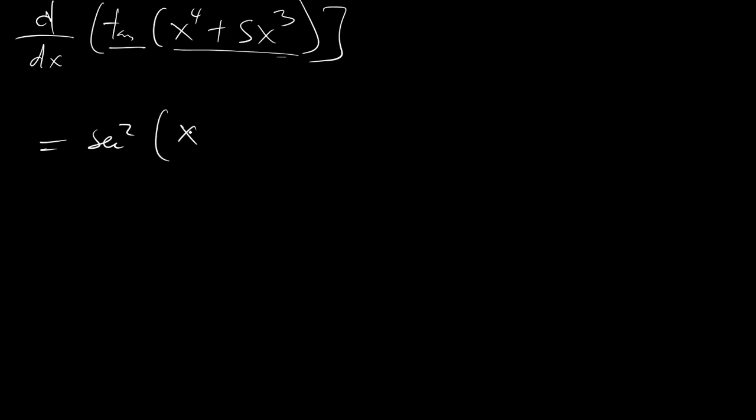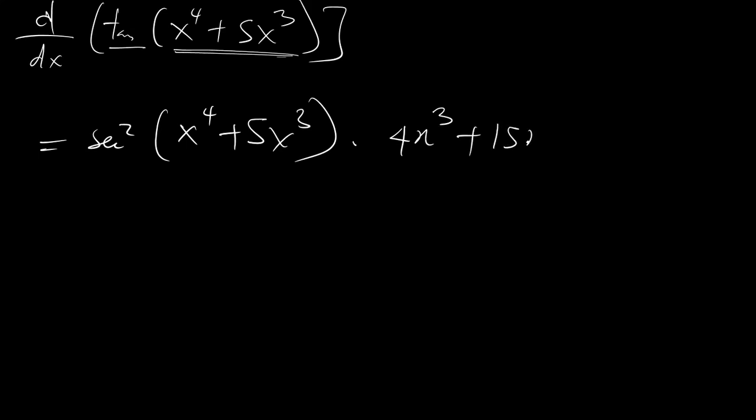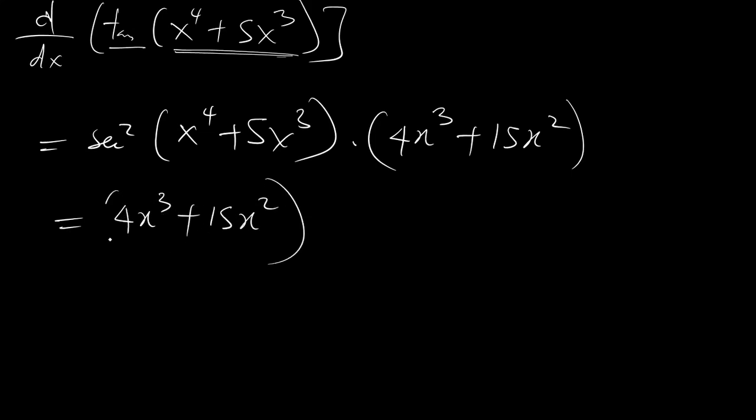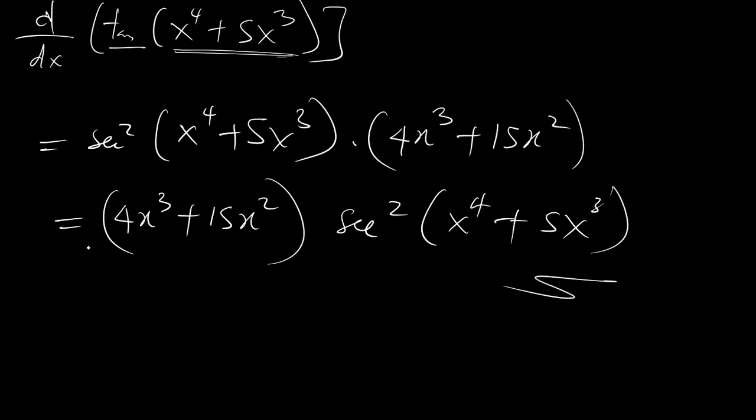Now, this function remains the same. Now, times the derivative of this function with respect to x. So you have 4x to the power 3 plus 15x to the power 2. So this will give you 4x to the power 3 plus 15x to the power 2 sec square x to the power 4 plus 5x to the power 3. So this is the final answer.